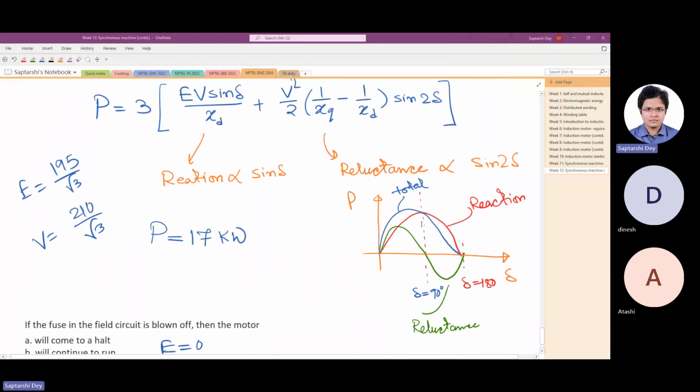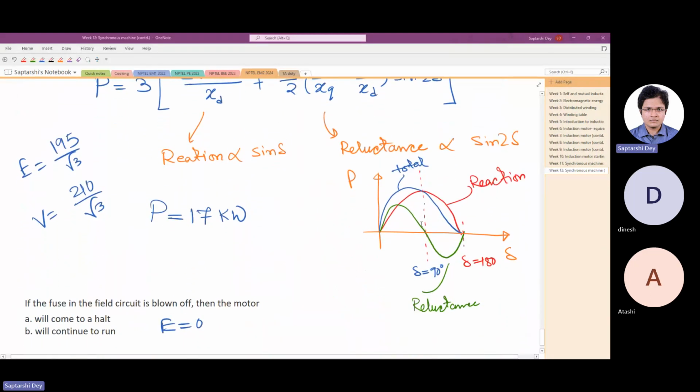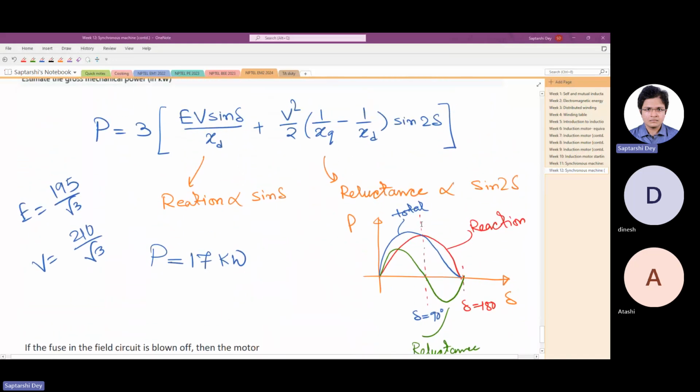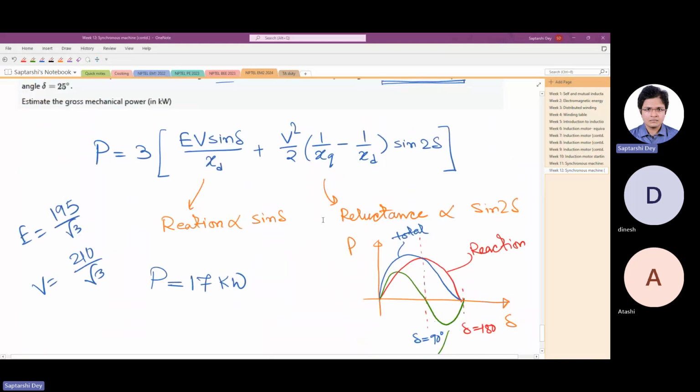Sine 2 delta. So the question is, when there is no back EMF and we are only relying on the reluctance torque, can we keep on delivering this torque? At some value of delta, let us consider 25 degrees was the optimum value, it was operating there before the field blew off. Now the field has blown off. There is no point in keep operating the machine at 25 degrees.